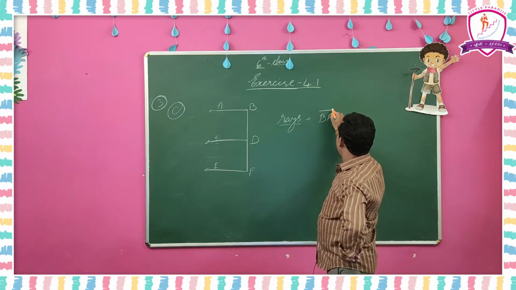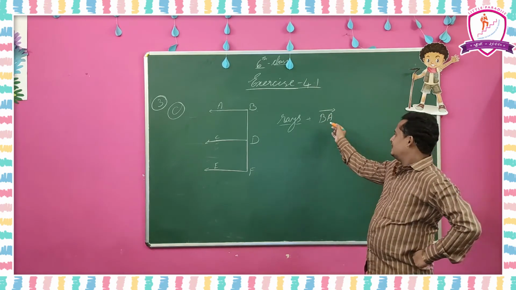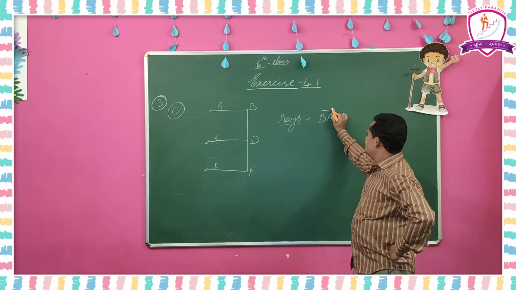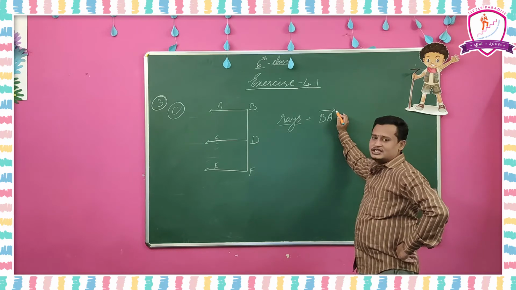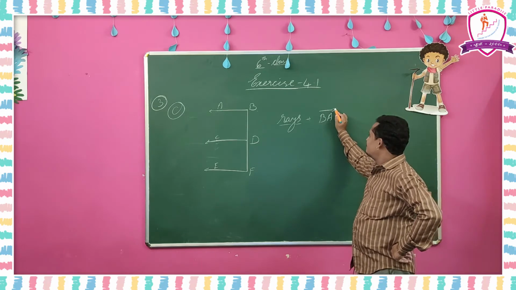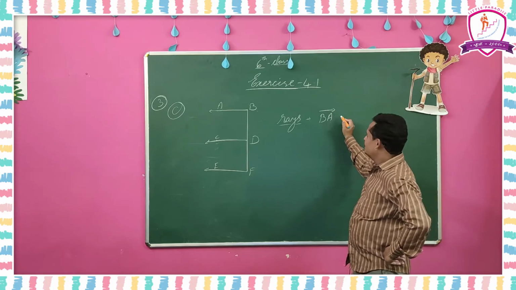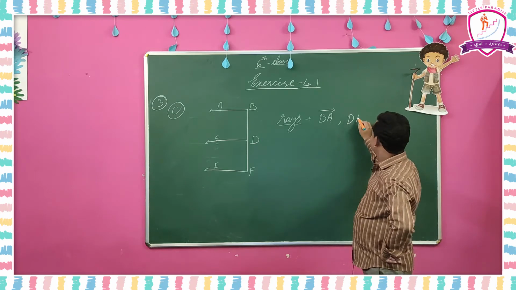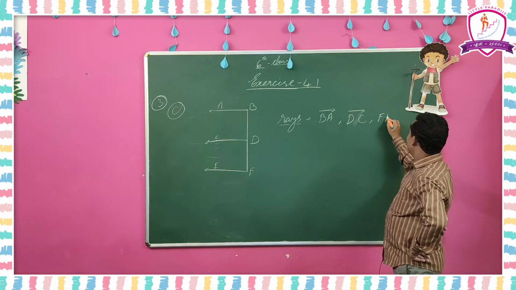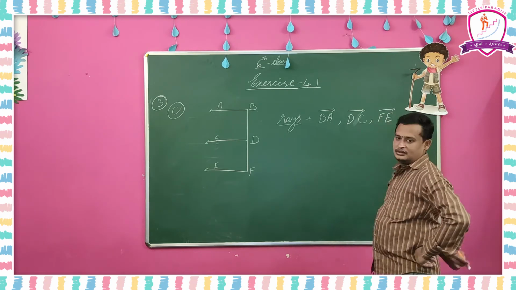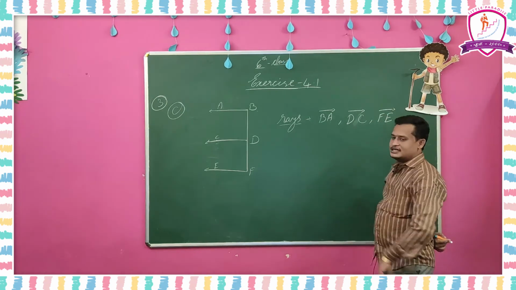B, A ray. You must indicate like this only. You must put an arrow for the point the ray passes through. So comma D, C ray and F, E ray. Understood? These are the 3 rays given there.